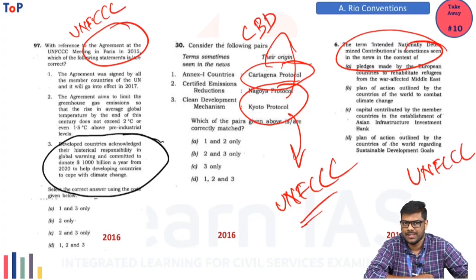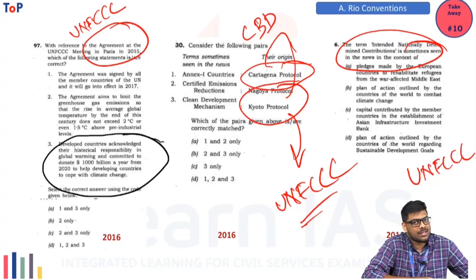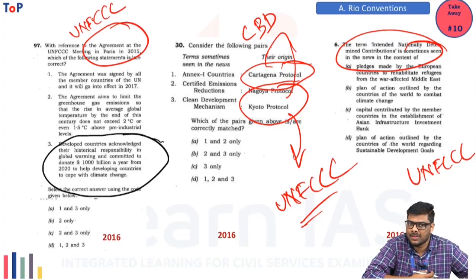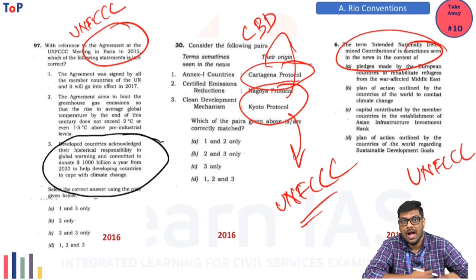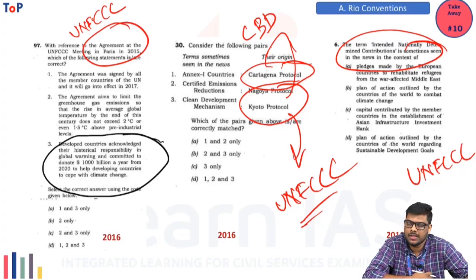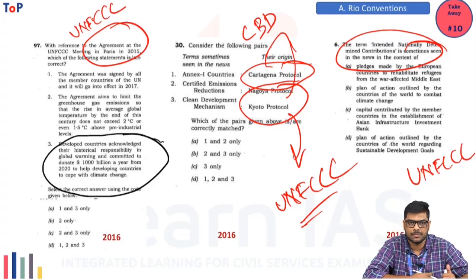Is that possible? Developed countries acknowledging their historical mistakes. Countries like the US, countries in the European Union and countries like China, would they accept their mistakes? Would they accept the principle of common but differentiated responsibility, and even be ready to give $100 billion a year from 2020 without specifying an end year?